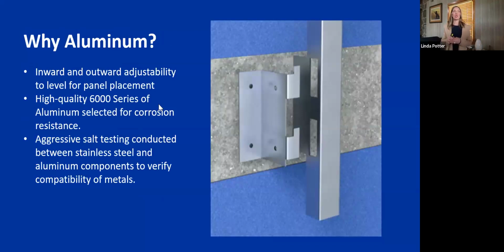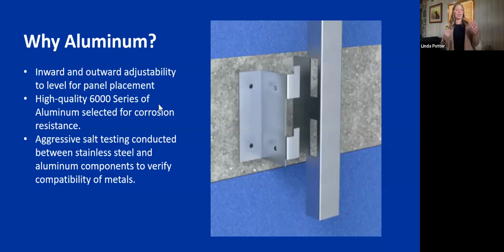Because you have to allow for that inward and outward adjustability to get the panel placed level. Most substructures, or the backing in general, is not straight, so you have to have a substructure that allows that adjustability so that your panel is straight. And stainless steel, you cannot just drill through, so that piece stays aluminum so that you can self-tap through and connect it.